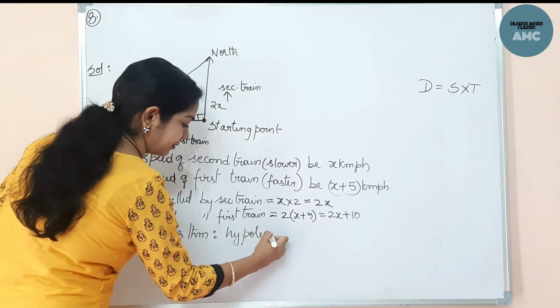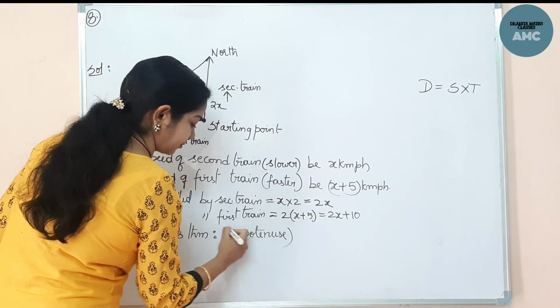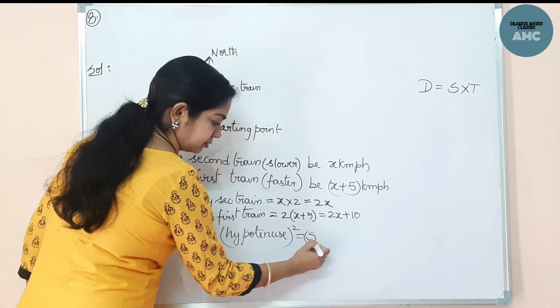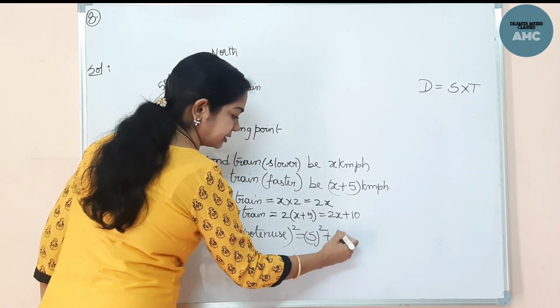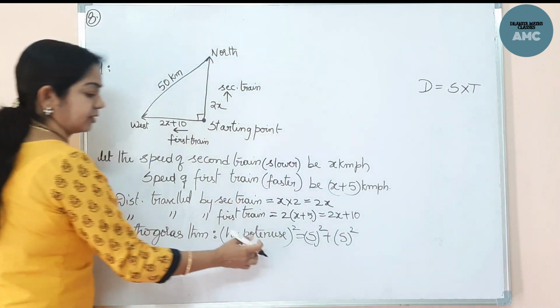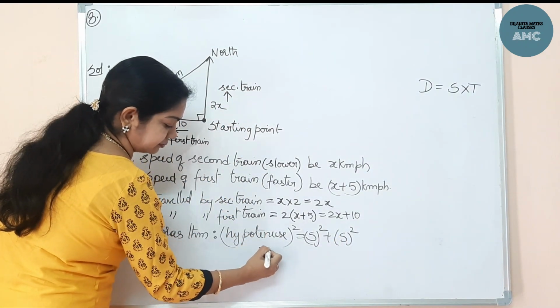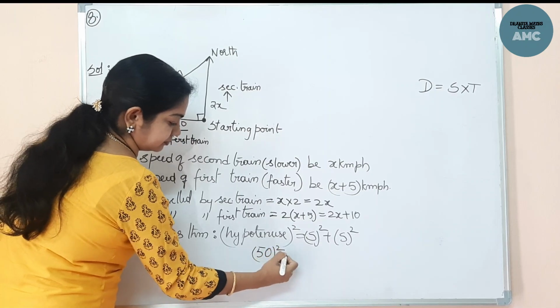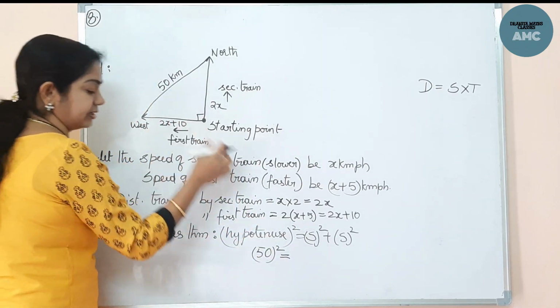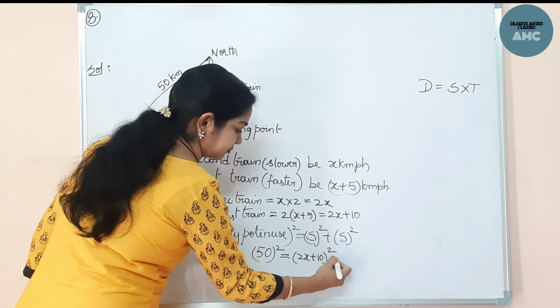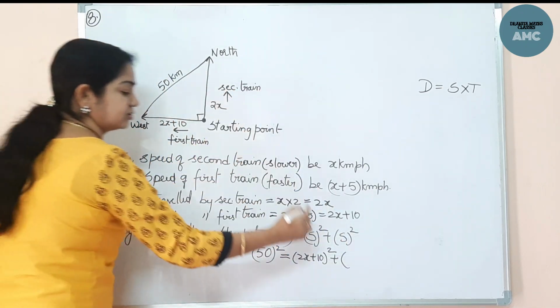Hypotenuse square equals side square plus side square. Now hypotenuse square is 50 square. Side square, one side is 2x plus 10, plus the other is 2x.